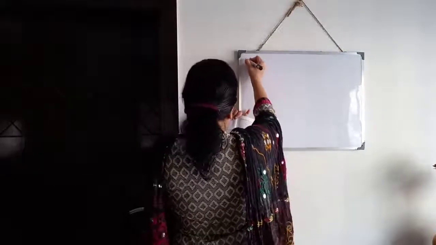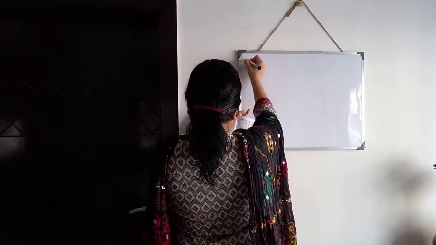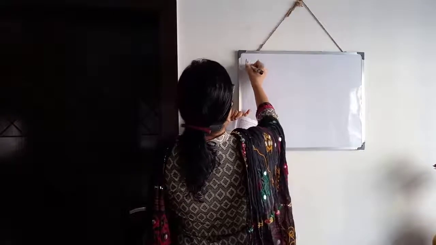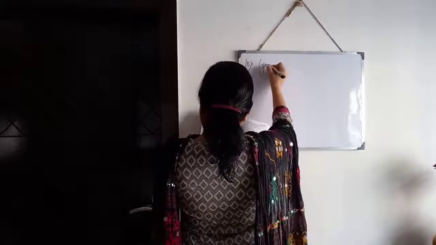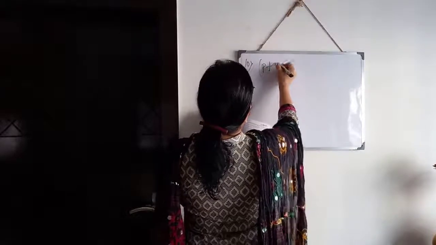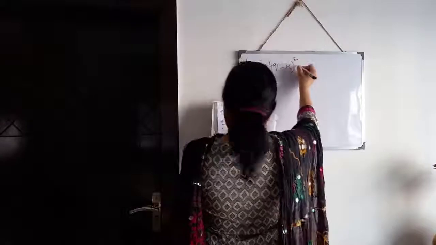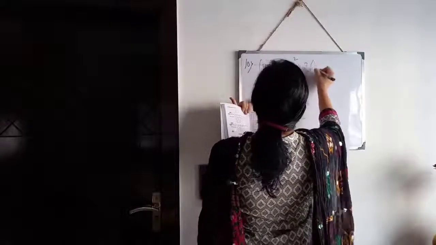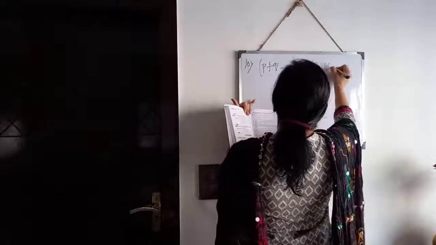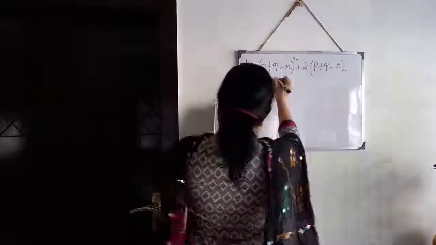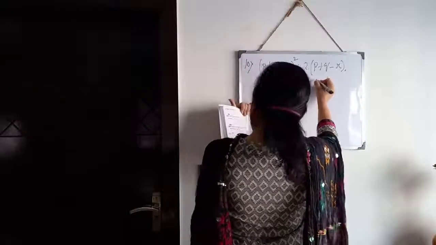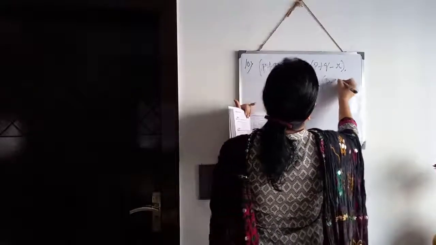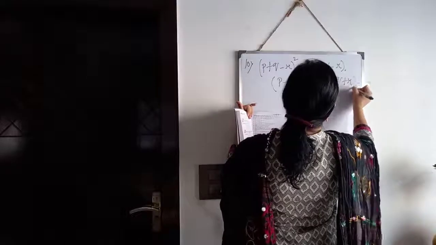Okay, number 10 I am doing this. Simplify: (P plus Q minus R) whole square plus 2 into (P plus Q minus R) into (P minus Q plus R) plus (P minus Q plus R) whole square.